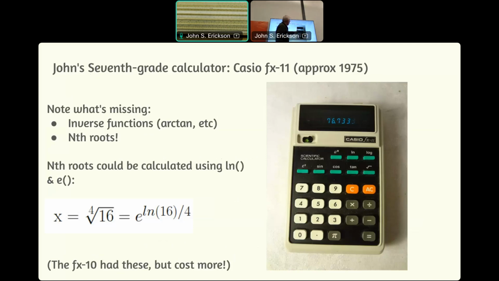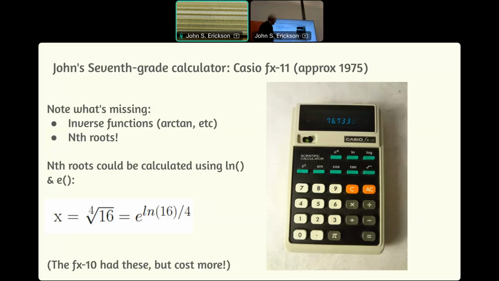So to do an nth root, and I don't know why I was doing nth roots in 7th grade, but say I want to do the 4th root of 16. I would do 16 natural log, divide by 4, and then e to that.